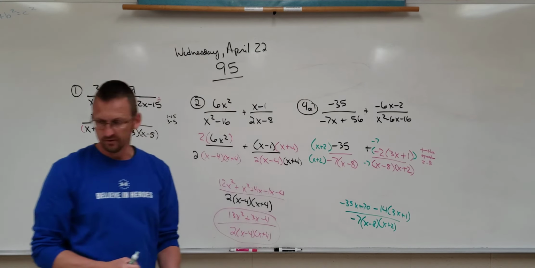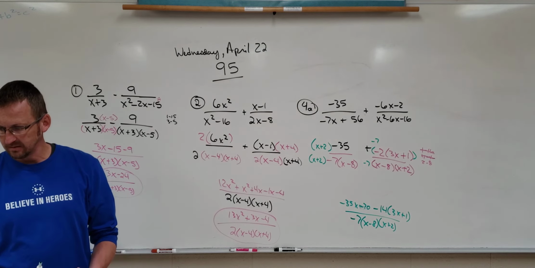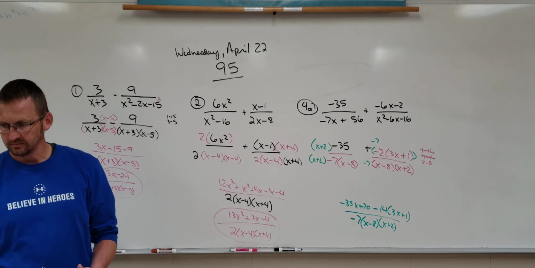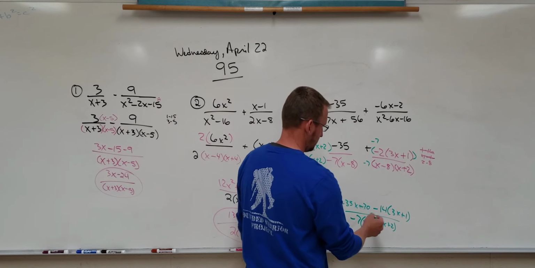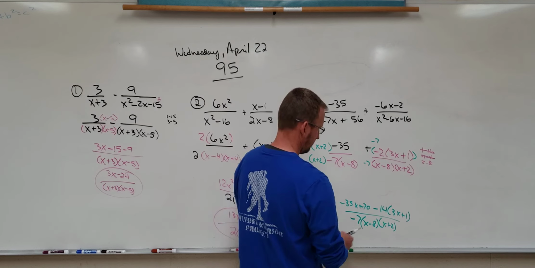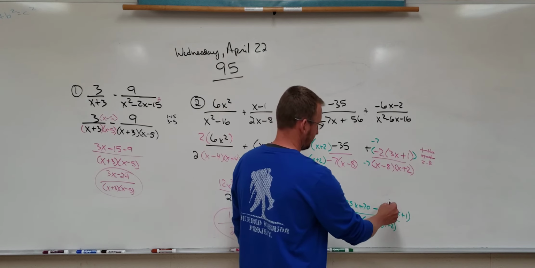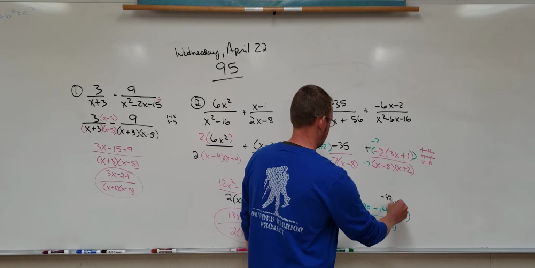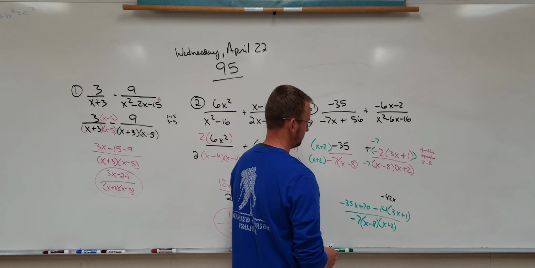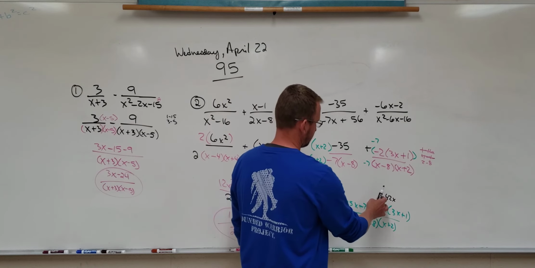So we're going to look to combine our like terms if we can. Okay? So, let's do this here. Negative 14 times 3 gives me negative 42x. Well, negative times negative gives me positive 42x.